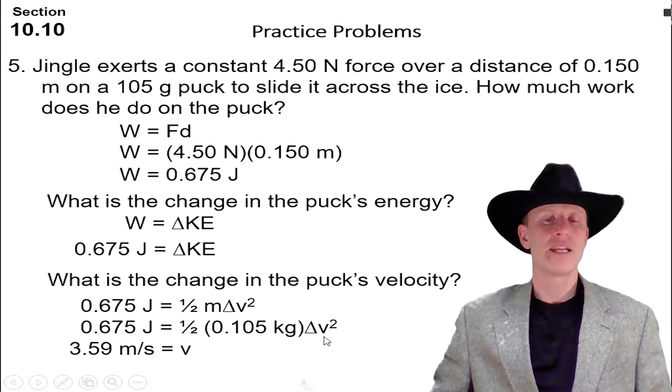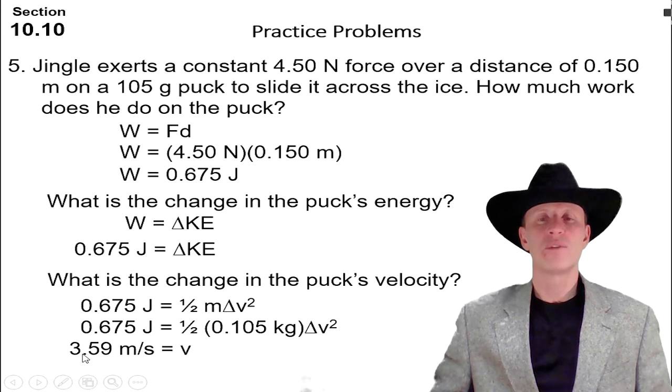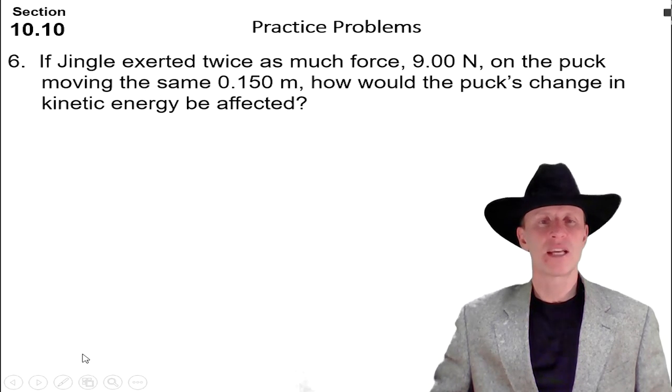Remember, final minus the original would be the delta V, and since the original was 0, this would have to be 3.59 meters per second.